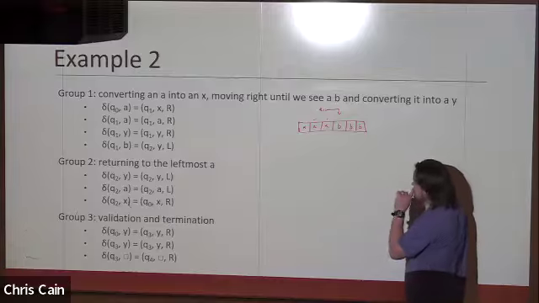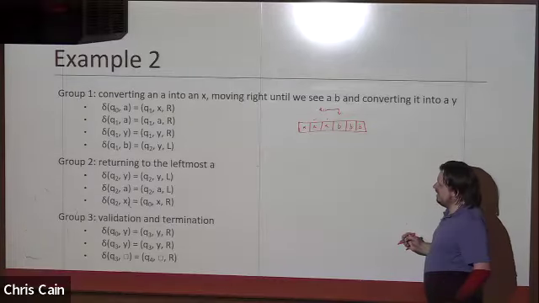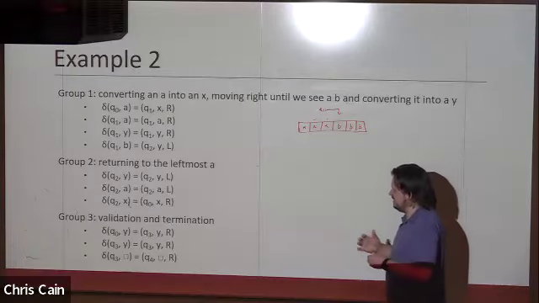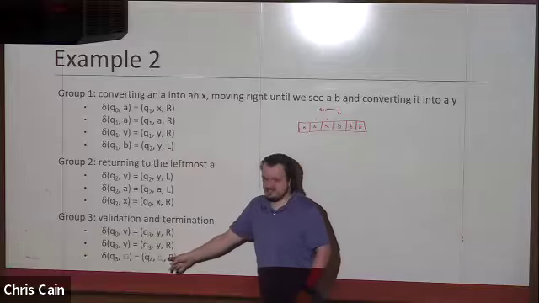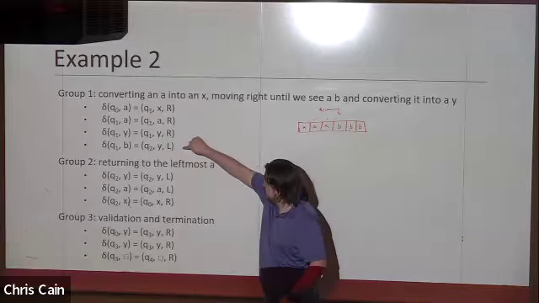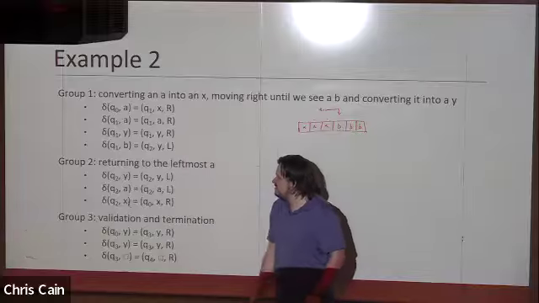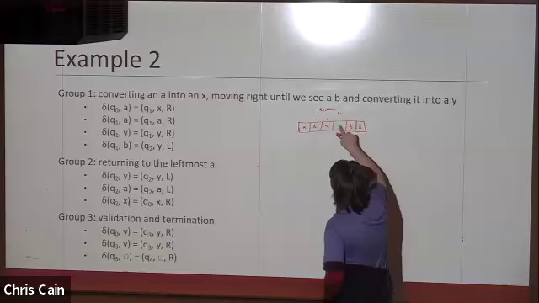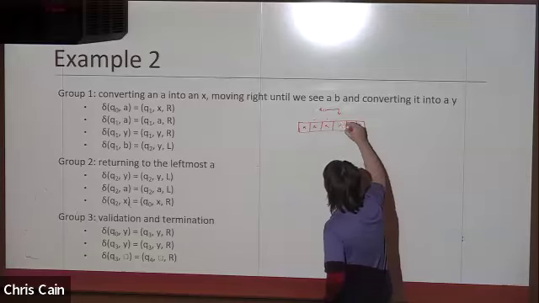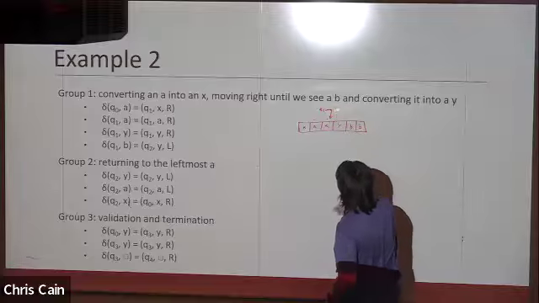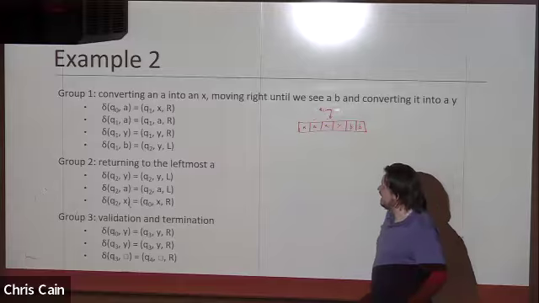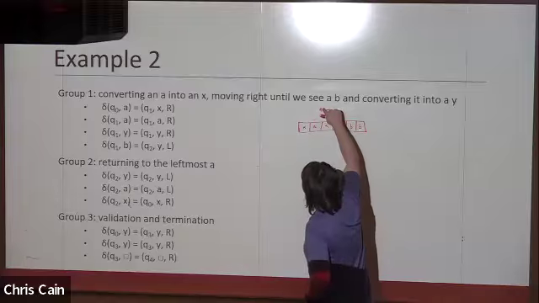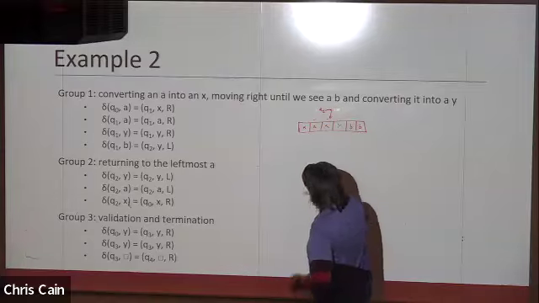So we are looking at that B, Q1 on a B. Again, there's only one such Q1 on a B transition here because it's deterministic. That tells us to replace the B with a Y and to move left. So this B gets replaced with a Y, and this moves back left to there. But now we're in state Q2, not Q1.